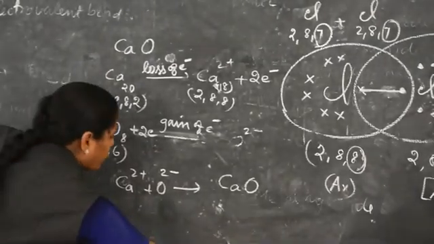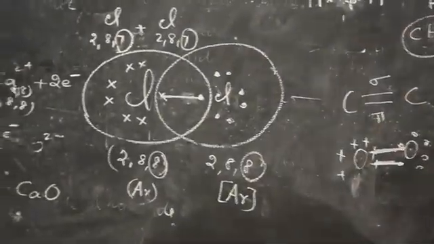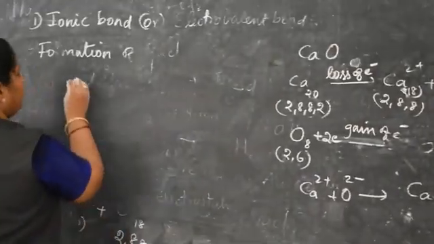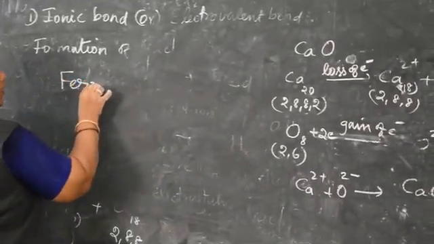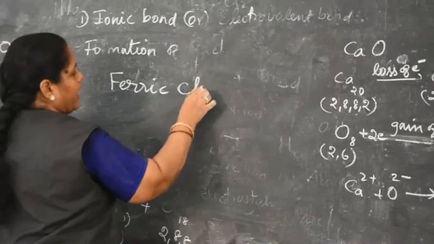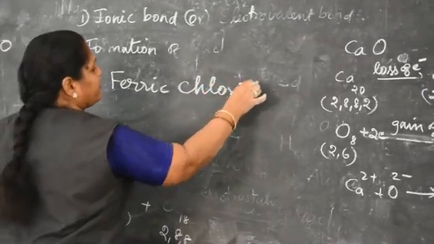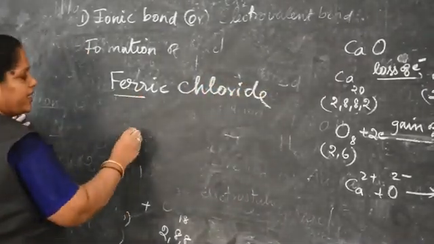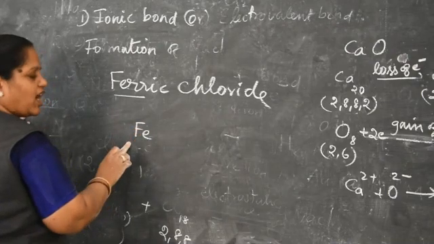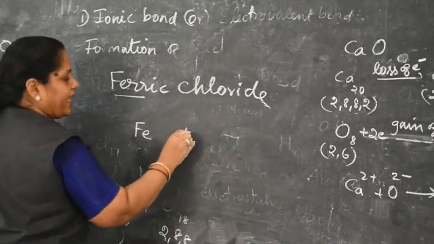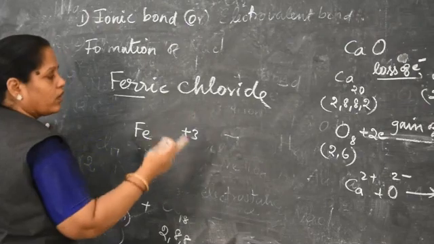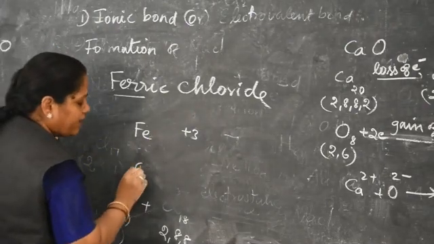I write ferric chloride. Simply I write two examples. Ferric chloride. Here which atoms are present? Ferric means what? Iron. What is its oxidation state? +3. And chloride. Chloride means what is its symbol?